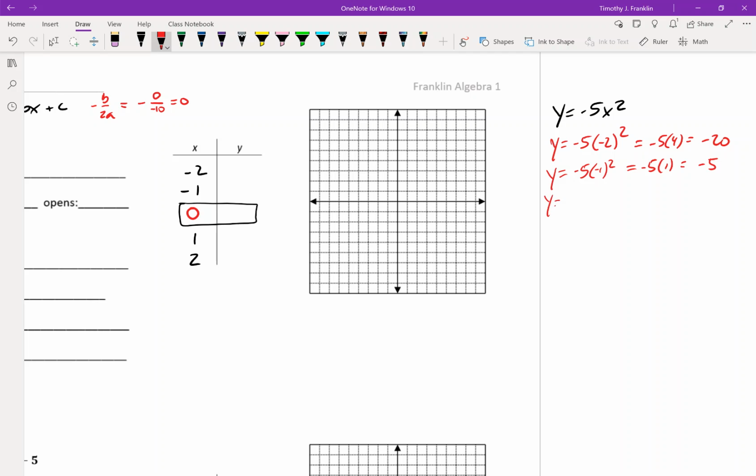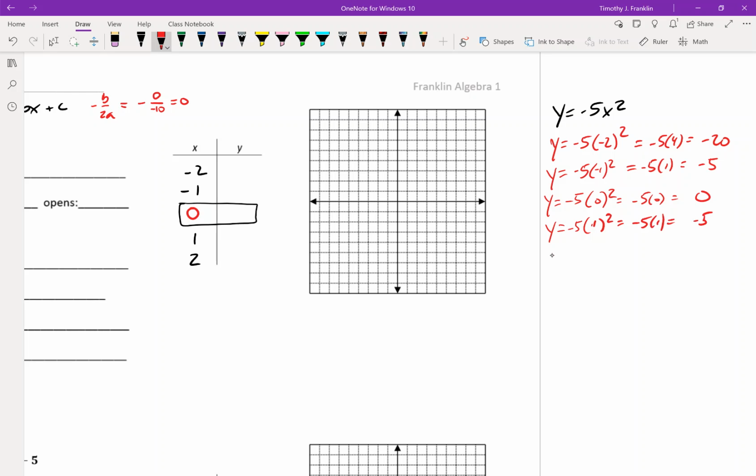Let's put in 0, this is our AOS. Well, 0 squared is just 0, so -5 times 0 is 0. Let's put in +1, which if our setup is done correctly, should give us the same thing we got for -1. 1 squared is 1, and -5 times 1 is -5.